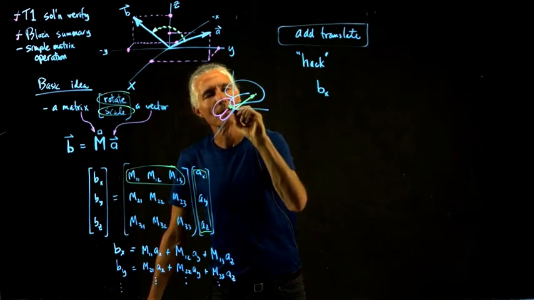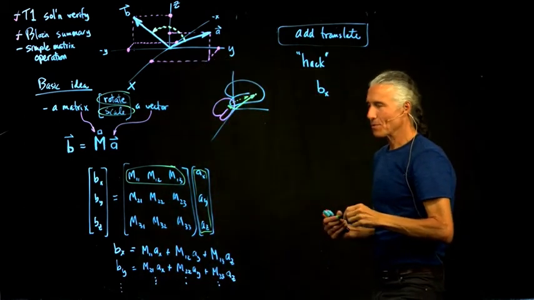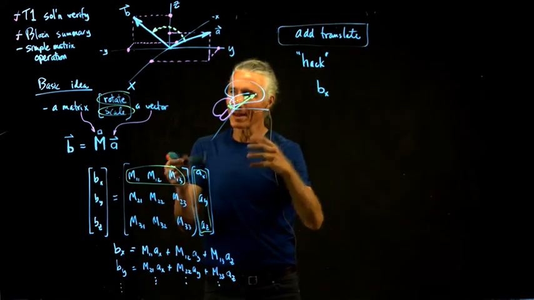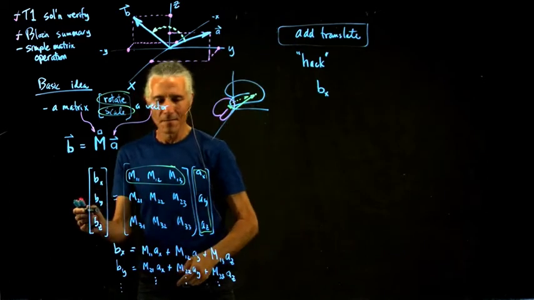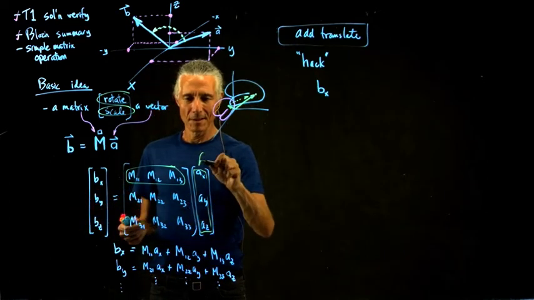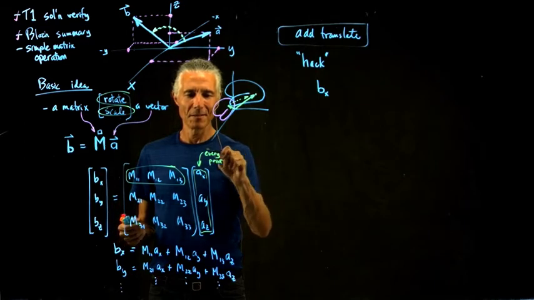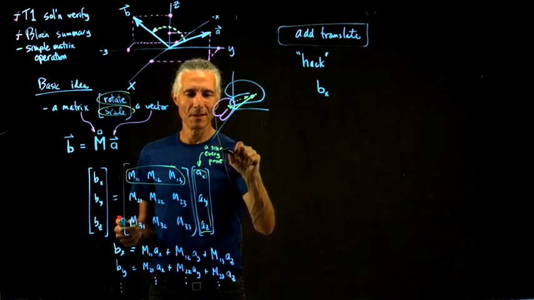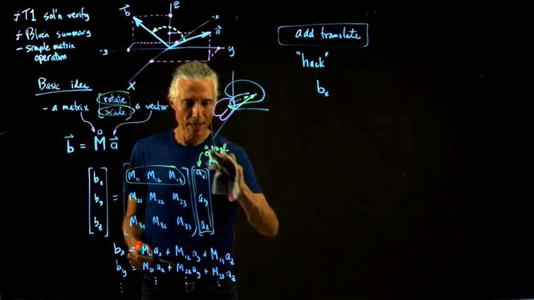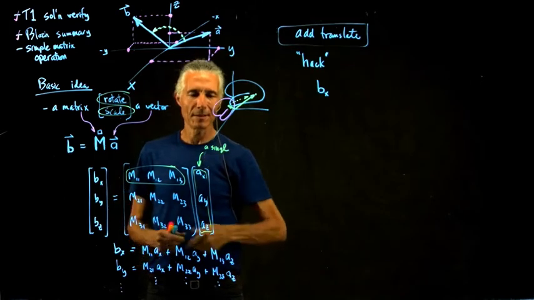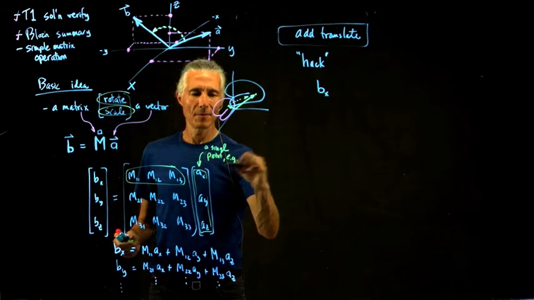So we want to rotate that vector over to that guy. And if you apply this same matrix to every single point in the brain, it will rotate all those vectors into the right place.